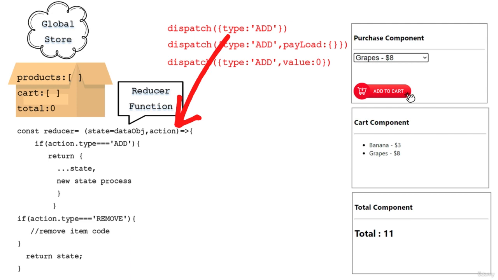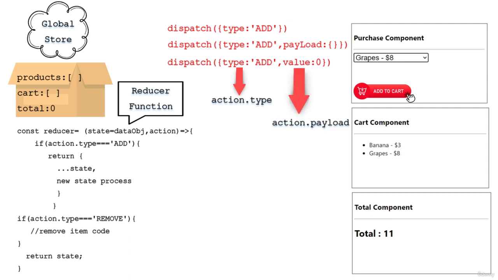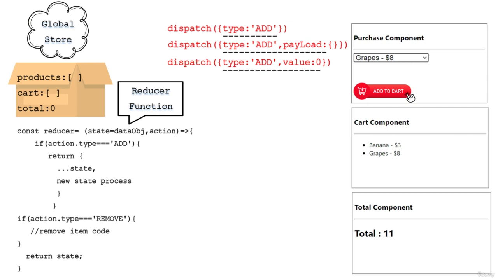So the object which you pass inside the dispatch, maybe this one or this one, that is passed to action, that is here in this parameter. So you can check which is the action type and what is the payload. So you have this dispatch object passed to action, and then you can refer to it the way you want to.